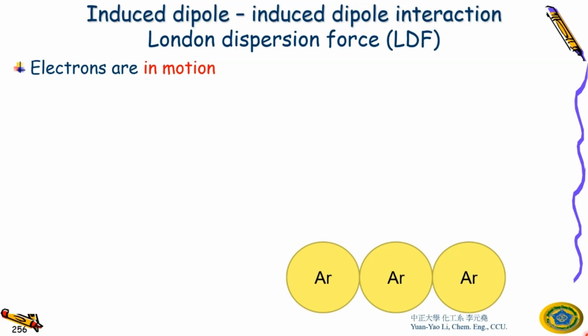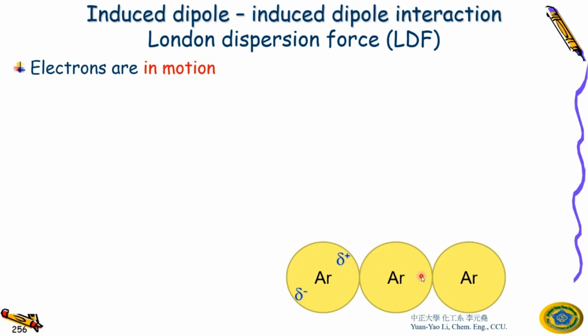So for example at time 1, there might be more electrons accumulated in this place, which we call delta minus, and this delta plus. This is time 1.